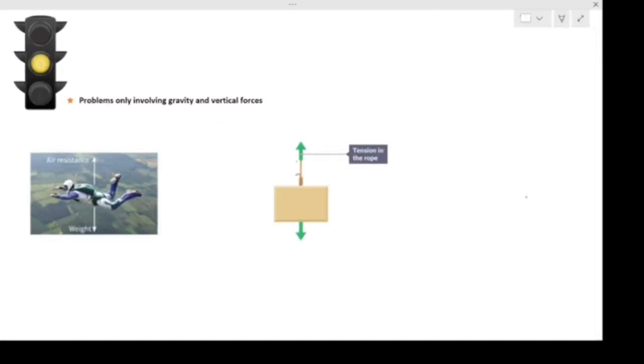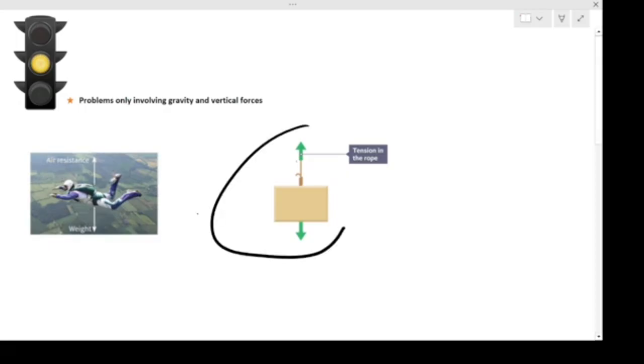Now we're going to be looking at things moving up and down, so vertically. This will involve gravity. I've got these two examples here. Firstly, we've got a parachutist falling down. The weight force is pulling the parachutist down, and then air resistance is acting up to oppose it.